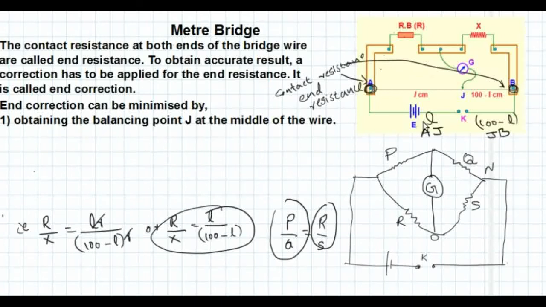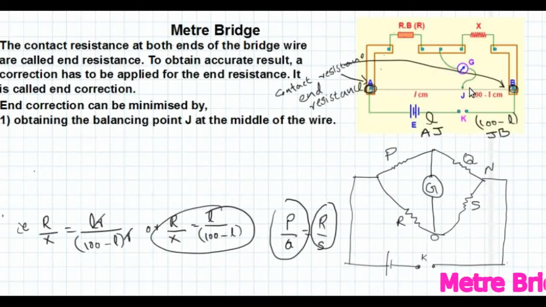So this balancing condition should be obtained preferably at the middle of the wire so that this end correction can be minimized. So end correction can be minimized by obtaining the balancing point J at the middle of the wire. So when the balancing point is obtained at the middle of the wire, end correction will be minimized.